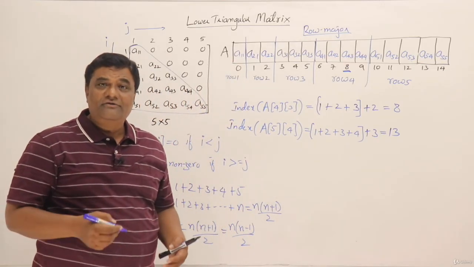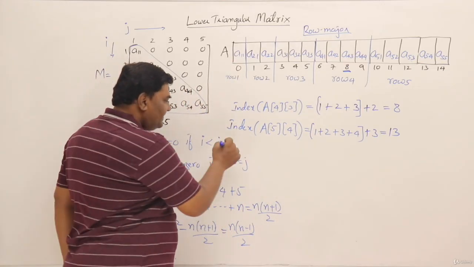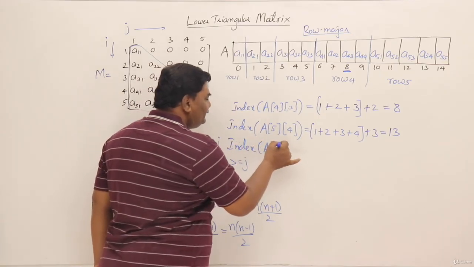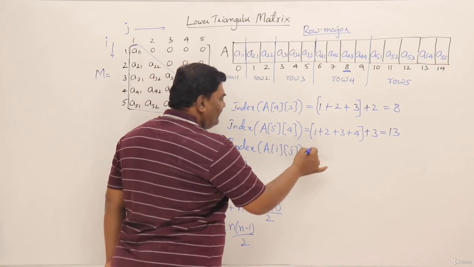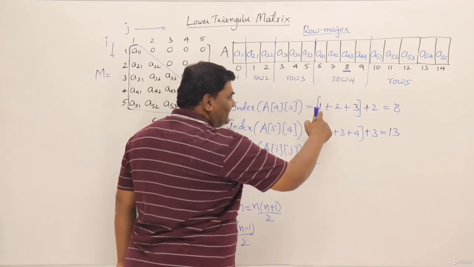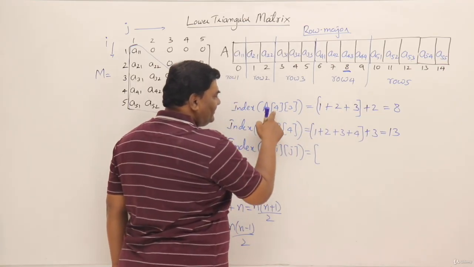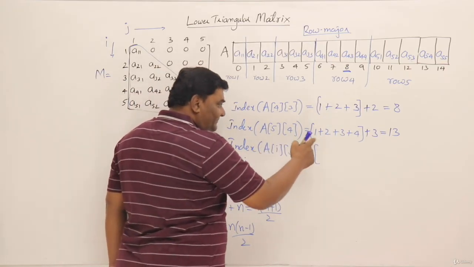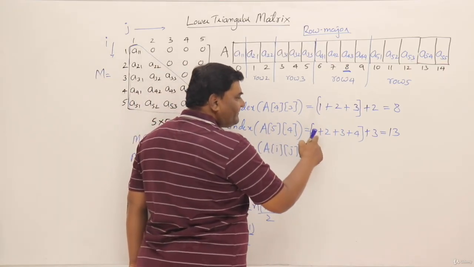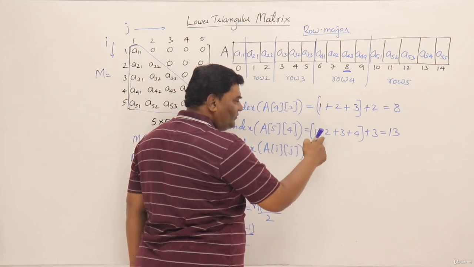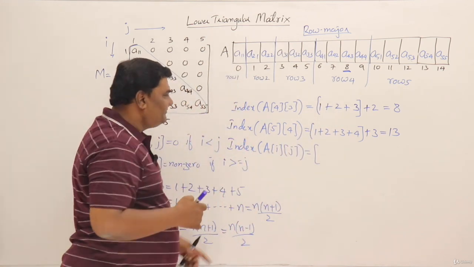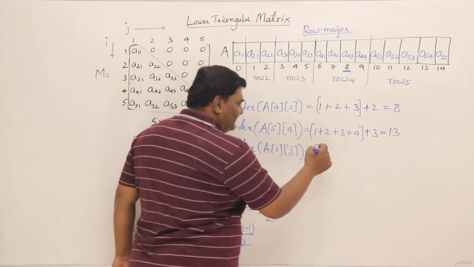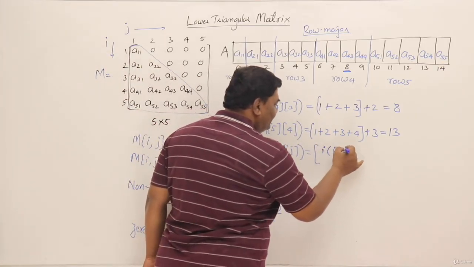So what is the formula for any I, j? For any index A of I, j, the formula should be: see, this is adding 1 plus 2 plus 3 because it is 4. This is adding 1 plus 2 plus 3 plus 4 because this is 5. So for 5 it is 5 into 5 minus 1 by 2, that is the sum of natural numbers less than 5, that is, 1 less than I. So this will be I into I minus 1 by 2.